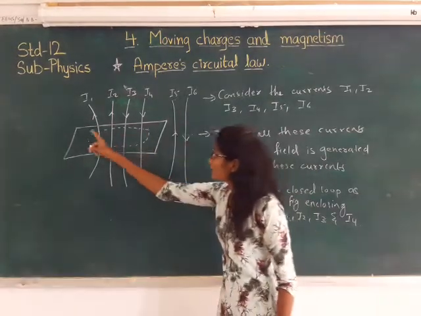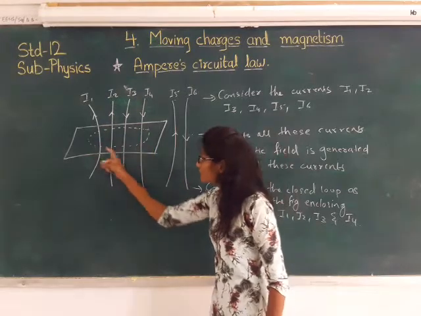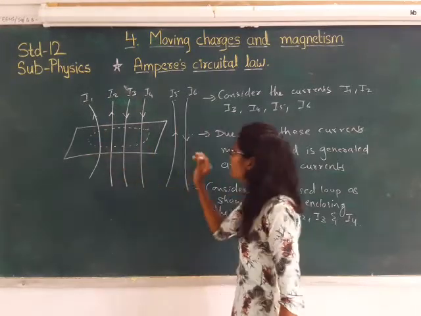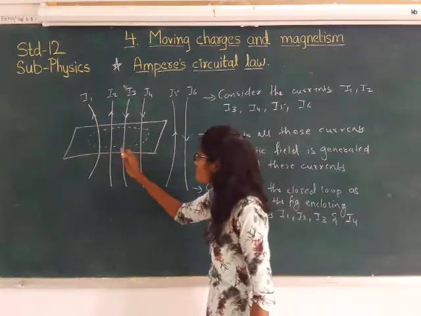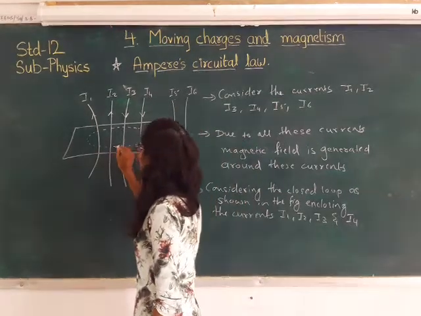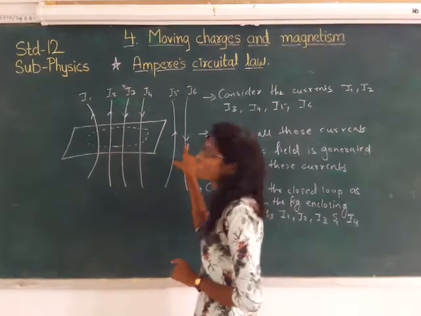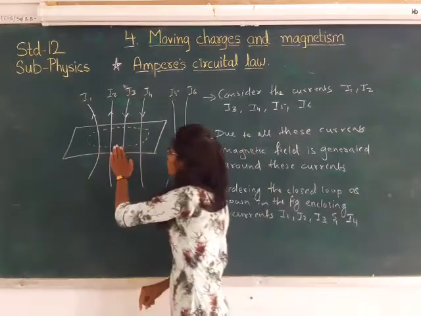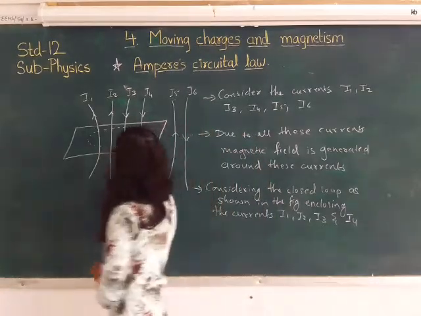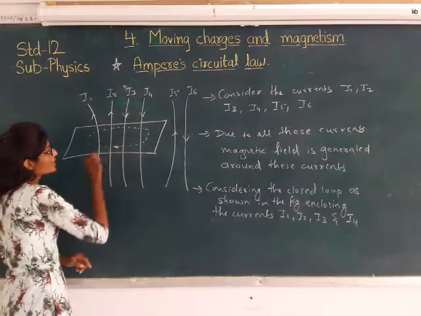We are going to consider the magnetic field over this closed loop only. Suppose we consider this point; the magnetic field over here will be due to all these 6 currents.